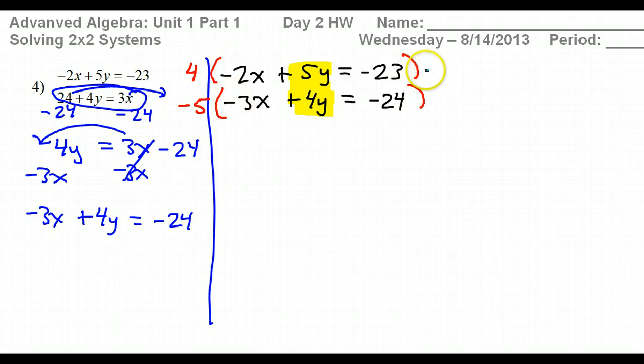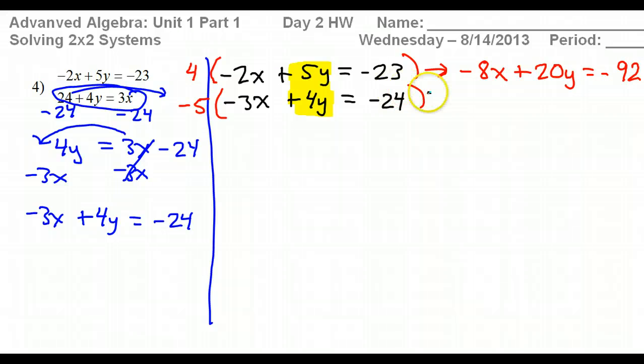Okay? So that's going to make the top equation become negative 8x plus 20y is equal to negative 92.